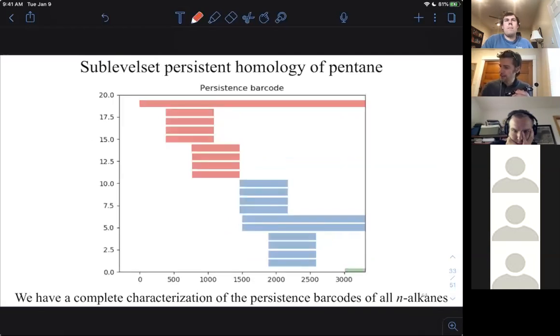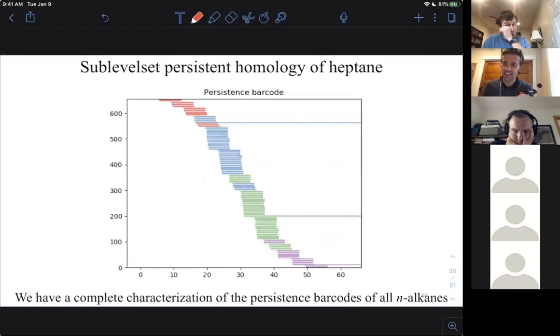Let's go to heptane. So heptane has 7 carbons and 4 internal angles. So this is now an energy function on the 4-dimensional space, the 4D torus. Humans aren't equipped to visualize such functions, right? How are you going to visualize a function on 4D space?